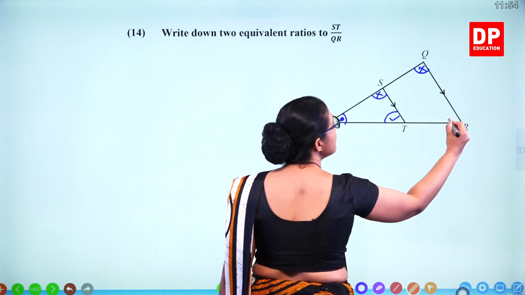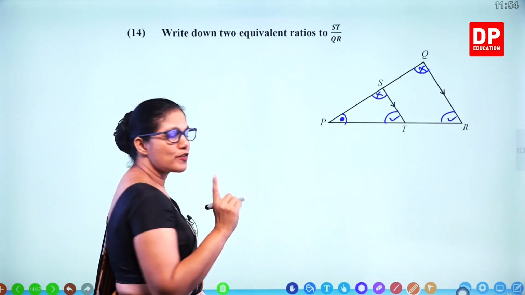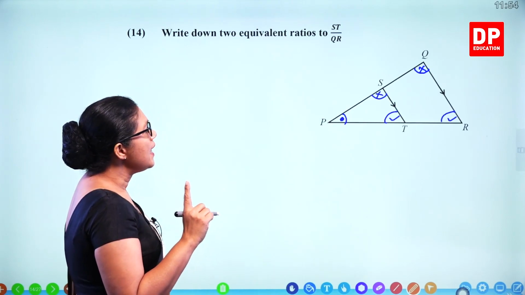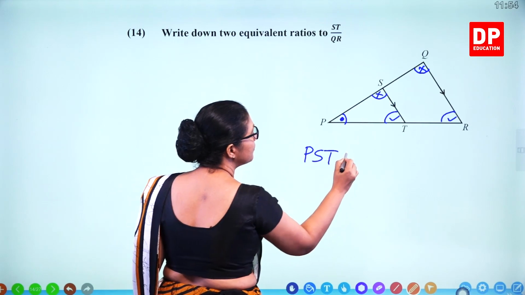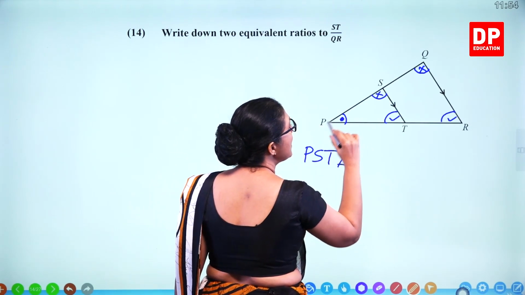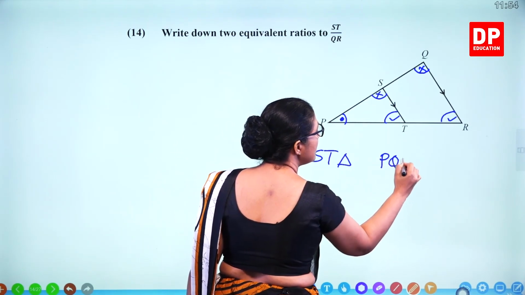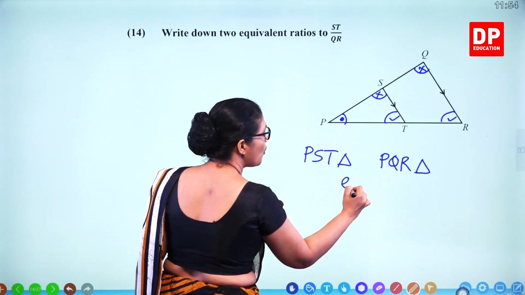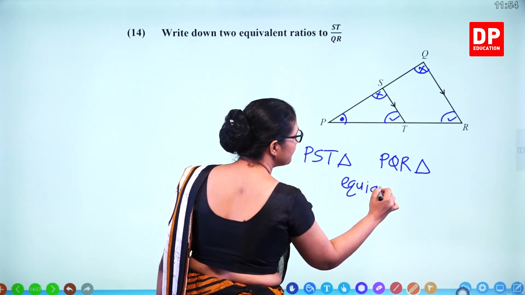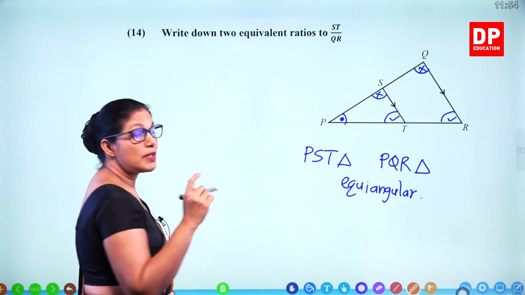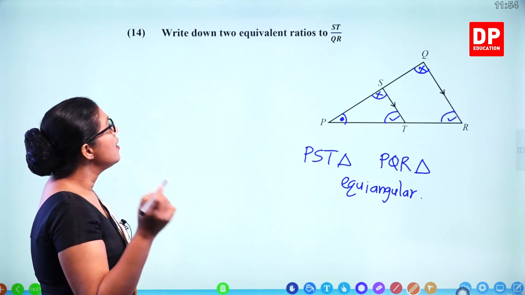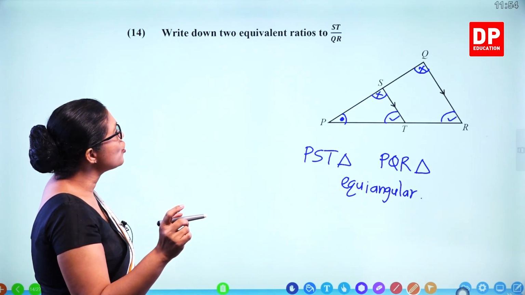This angle and this angle are also the same, corresponding angles. So triangle PST and triangle PQR are both equiangular. Equiangular triangles mean similar. So similar, you can take the corresponding ratios.